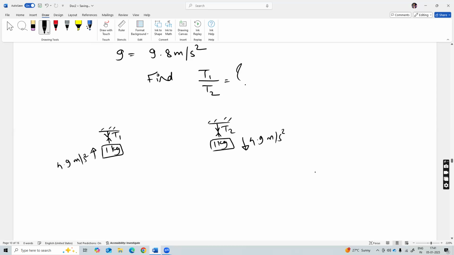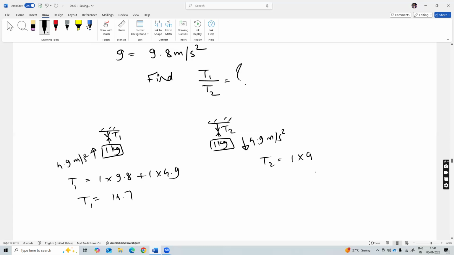So of course, in this case, T is ma plus mg. So mg is 1 into 9.8 plus 1 into 4.9. That is, T1 is equal to 9.8 plus 4.9, so 14.7. And in this case, T2 is equal to mg minus ma.